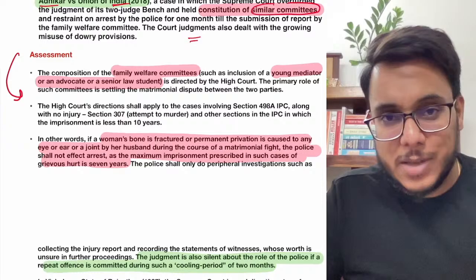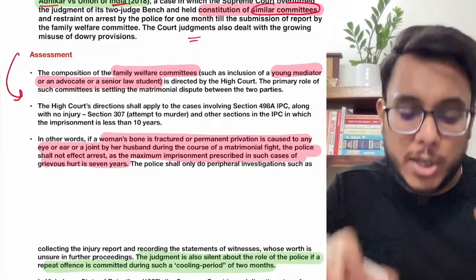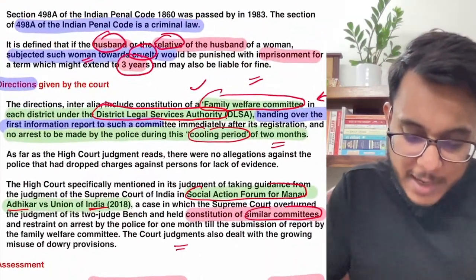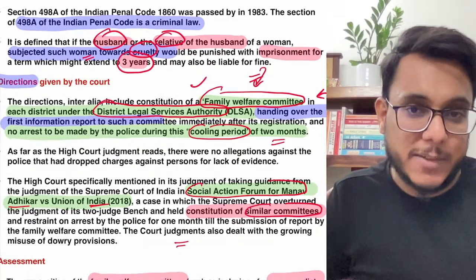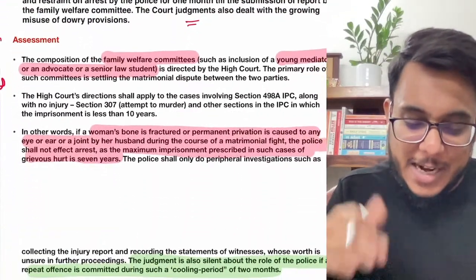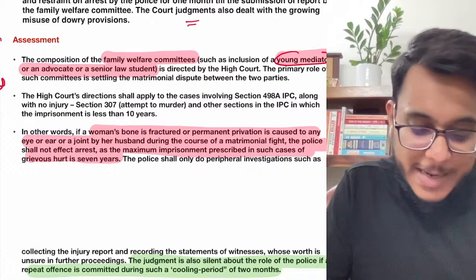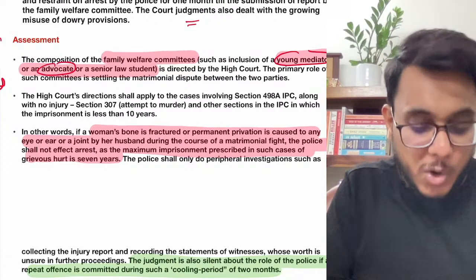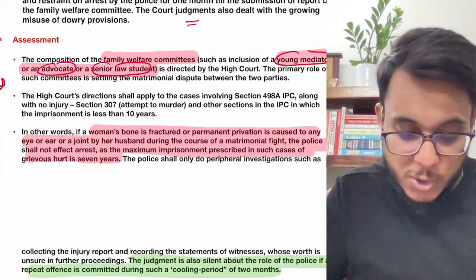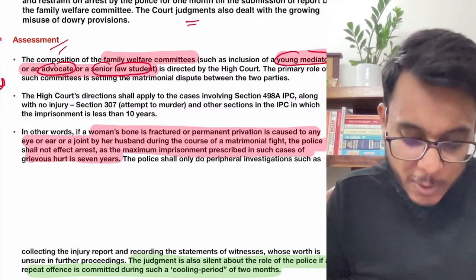The High Court has also talked about the constitution of these Family Welfare Committees, who will be there in them. It said that, for example, there will be a younger mediator, an advocate or a senior law student, and the roles that they are going to play.